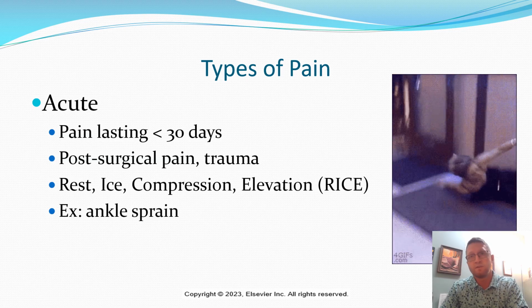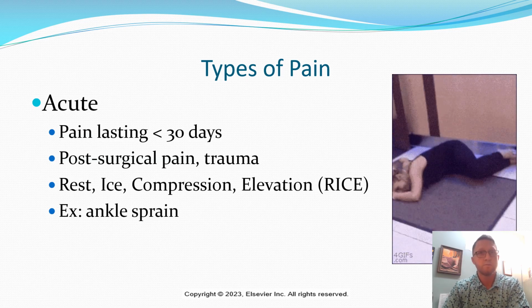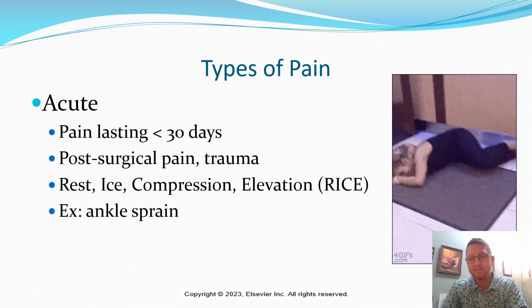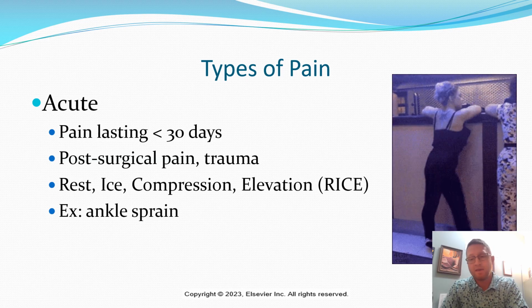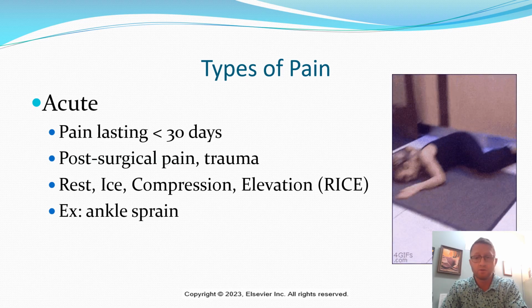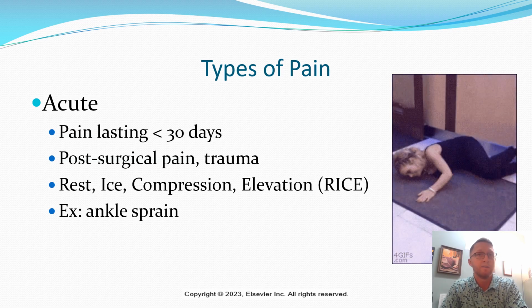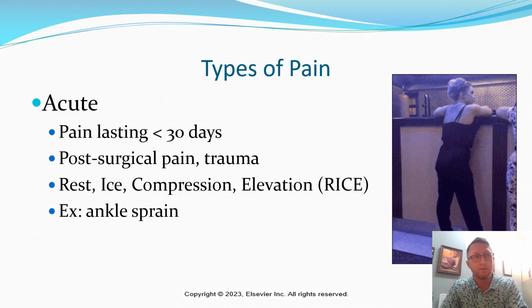We do want to discuss the different types of pain. So we have what we call acute pain. This is pain typically lasting less than 30 days. It can be caused by post-surgical pain. It could be caused by trauma, like you see in this little image over here. Spraining your ankle, obviously acute type pain.